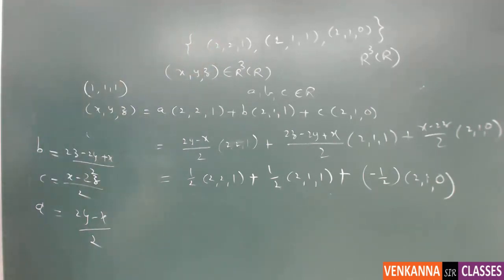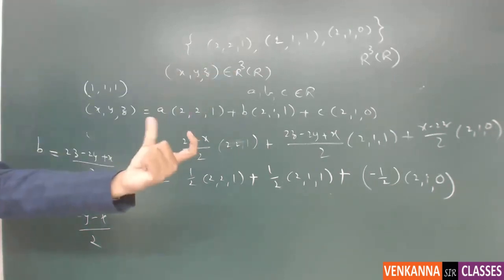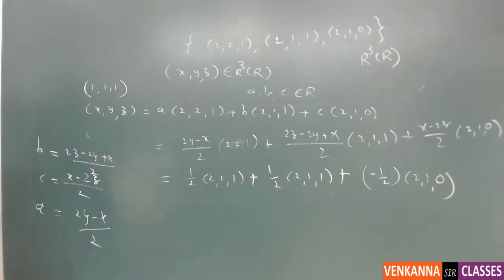Whatever the point you take in R cube, say (1, 1, 1), (1, 2, 3), (1, 5, 0), (0, 1, 1), you are going to represent it as a linear combination of the set of vectors, because we have found a unique expression. By substituting x, y, z values in this combination and simplifying, you are going to get (1, 1, 1). Yes or no?